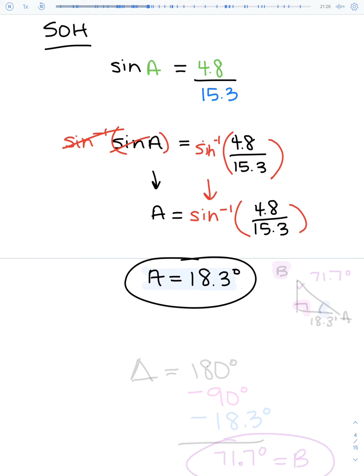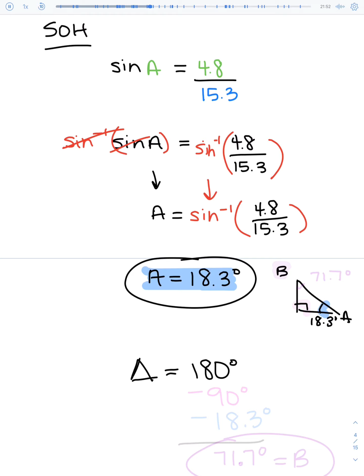So right now, if I were to do a quick little mock-up of my right triangle, I have my right angle, and now I just found out that angle A is 18.3 degrees, and that's this corner angle right here. So now I'm looking to find angle B. I don't need to do much to find angle B because all the angles in a triangle add up to 180.